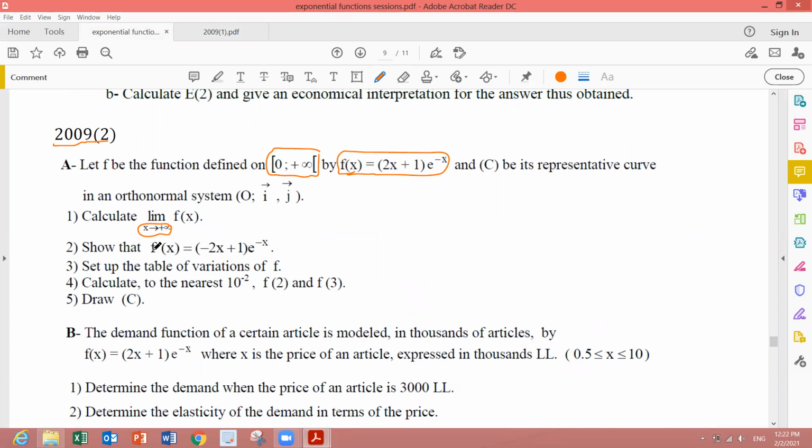Now, second part: calculate f prime of x and set up the table of variations. Now, f prime of x. This f(x) is of the form u times v.